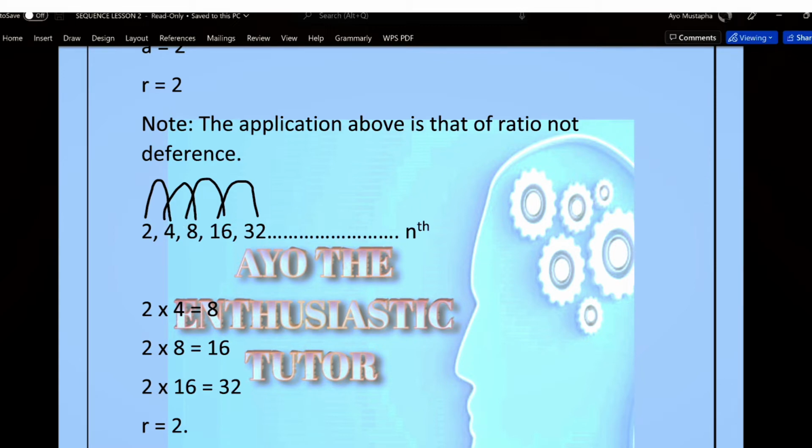As you can see here, we brought 4 forward. So 4 here, we're going to think of a number. Now, let's pay attention. To get our ratio, we are going to think of a number we can multiply our terms here by, and we'll get the next term.